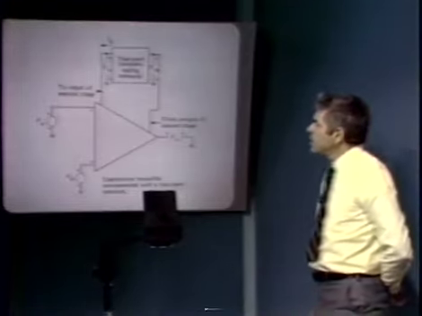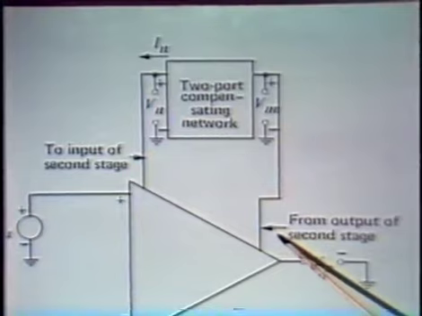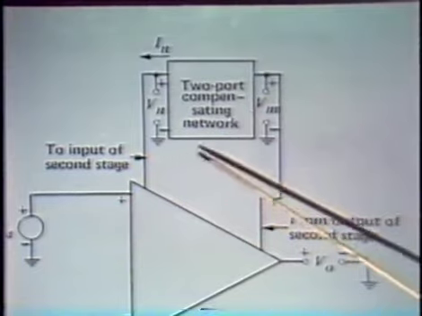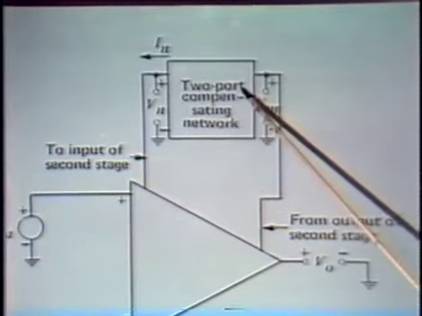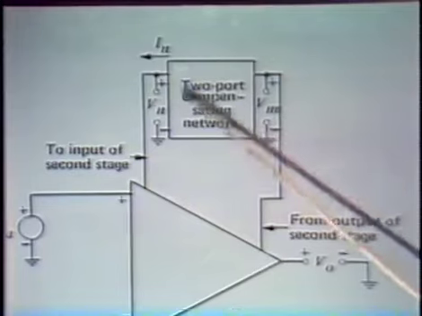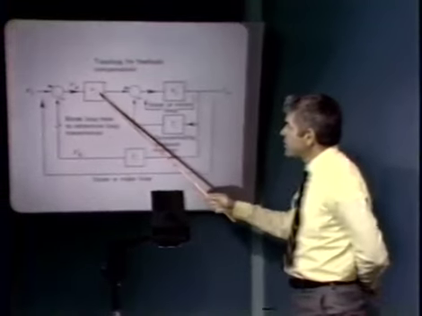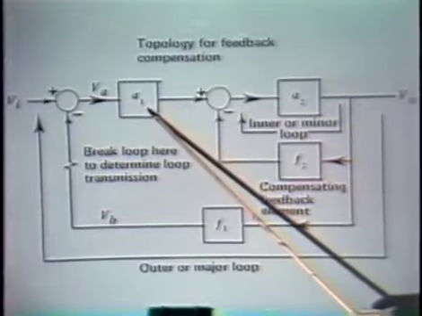Well, the way one then forms a minor loop is to connect a compensating network from the output of the second stage back to the input of the second stage. So a minor loop's formed. In general, we could form that minor loop using a two-port compensating network, and we'll see how that works. But we form the minor loop around simply the second stage of the operational amplifier. And consequently, if we compare this topology with our earlier topology for a minor loop compensated system, this might represent the first stage of the operational amplifier.